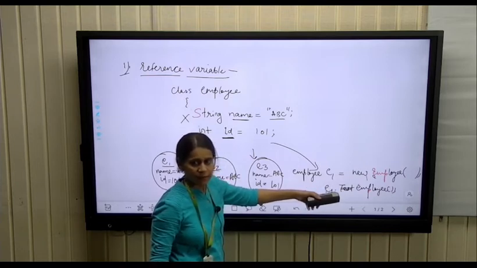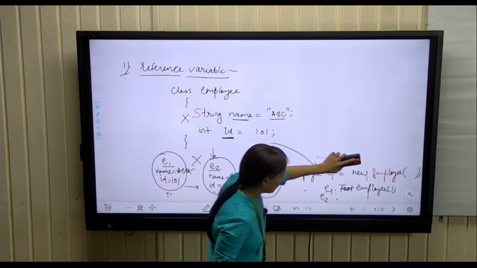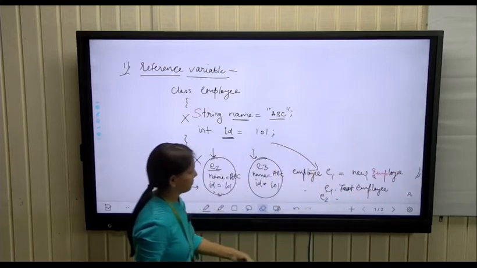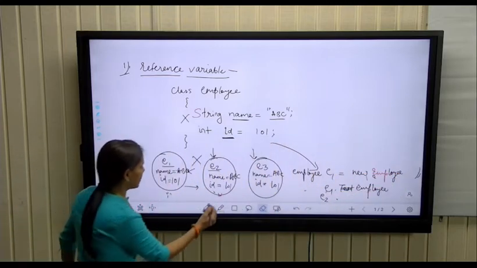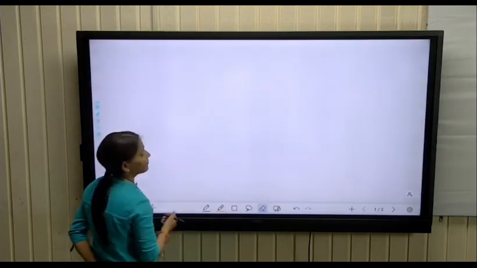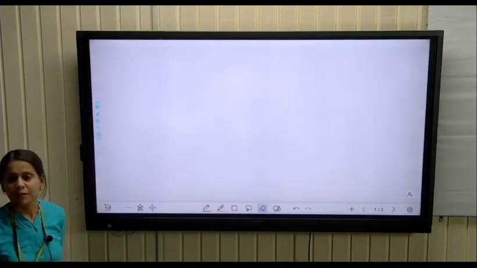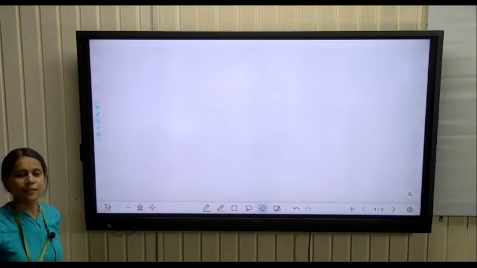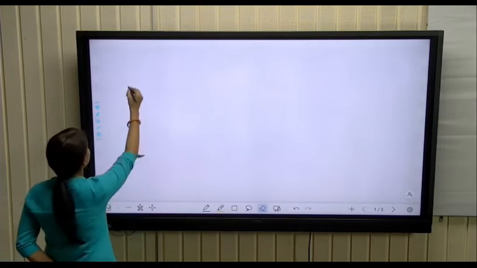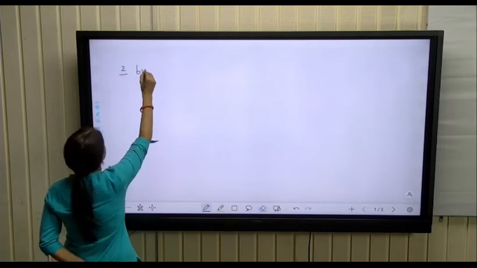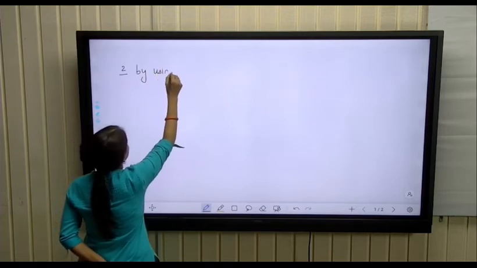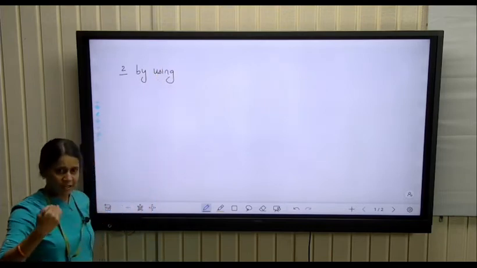Yes, okay, so this will not work for the first concept or first method, that is by using reference variable. Now second, we have the by using method. By using method we can initialize the object.